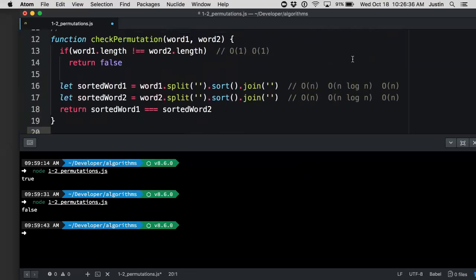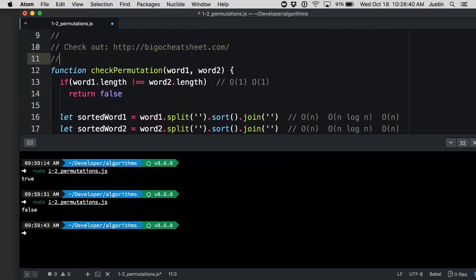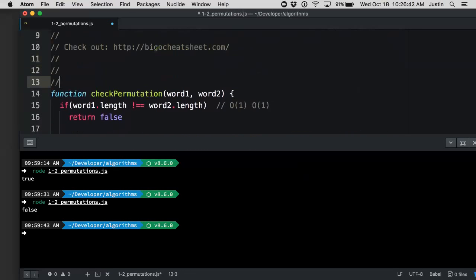So what would that be then? Yeah. So we've written an algorithm that is time complexity big O n log n. Not too bad. We can do better.